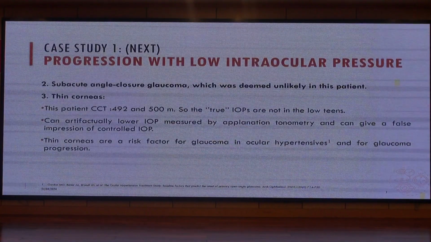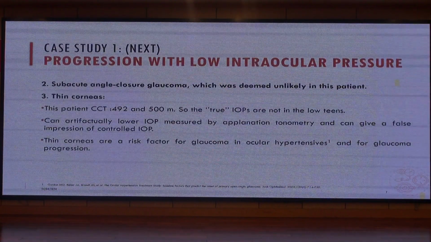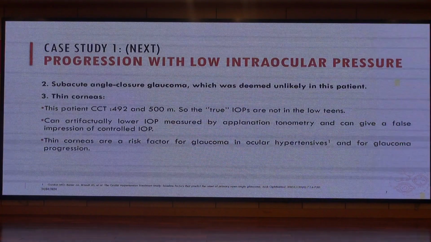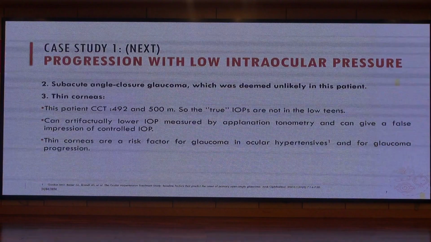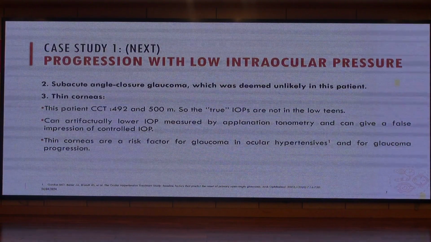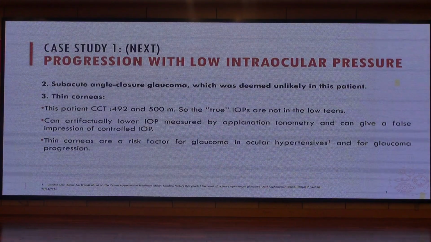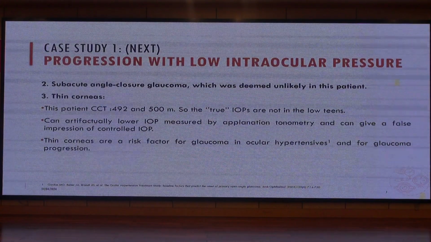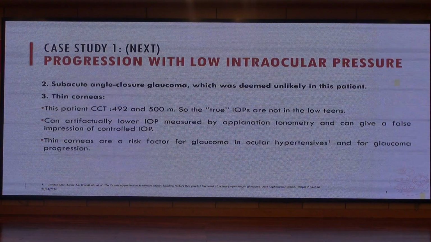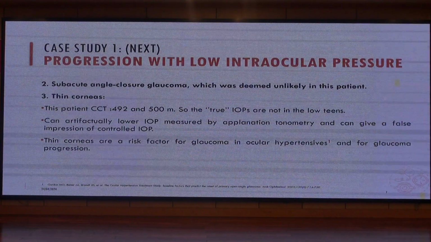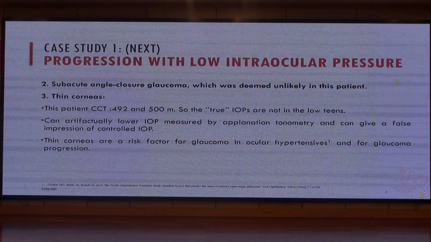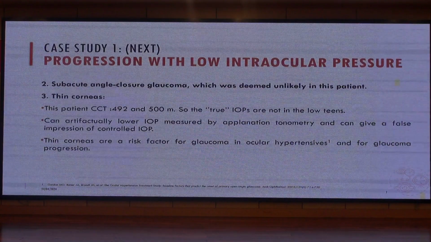The second option is subacute angle closure glaucoma. In this patient, it seems unlikely because on gonioscopy the angle is wide open. This patient has thin corneas, around 500 micrometers, so the true IOP may not be in the low teens; it may be higher than the 10 or 11 mmHg we checked in the office.